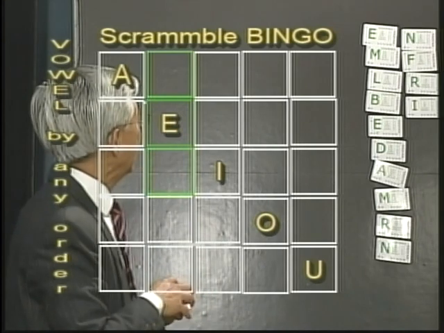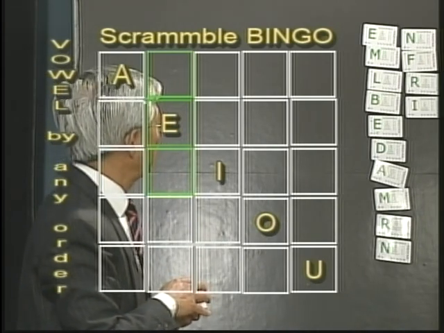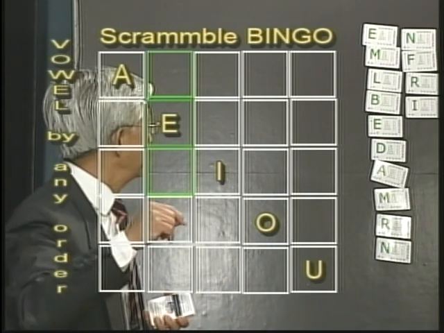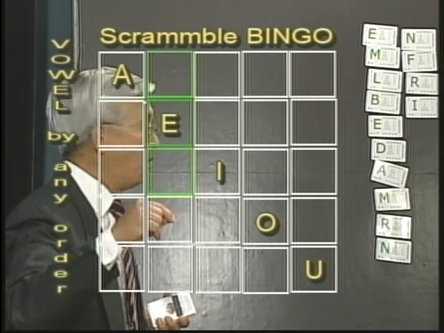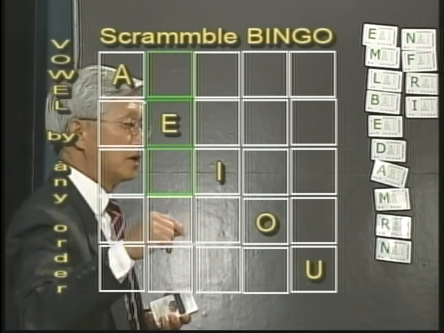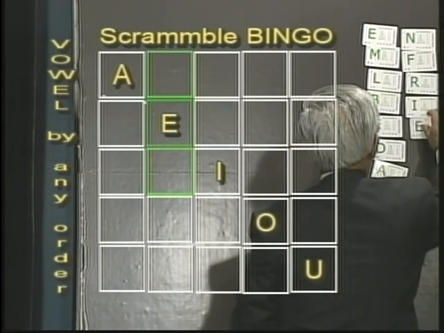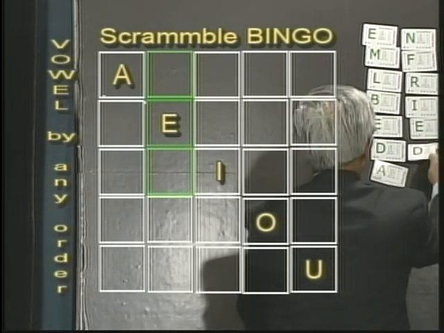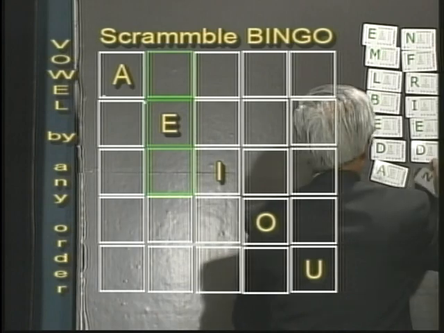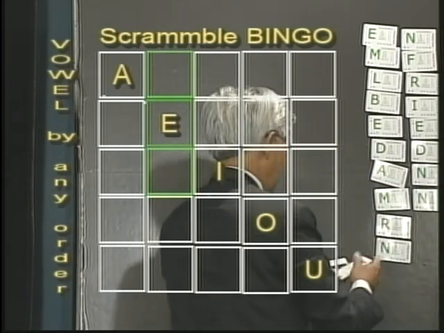Now, if you do fire, can you do another word here with O and E? There's no O. There's no U. So we still have to wait. Let's just keep on going. That's another E, and D, and we don't have the luck.